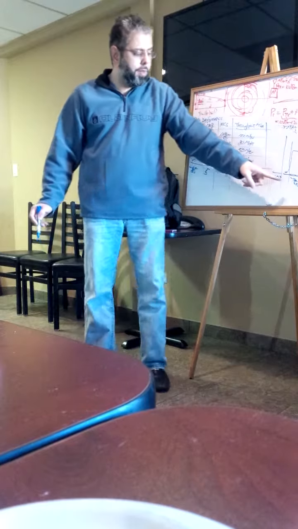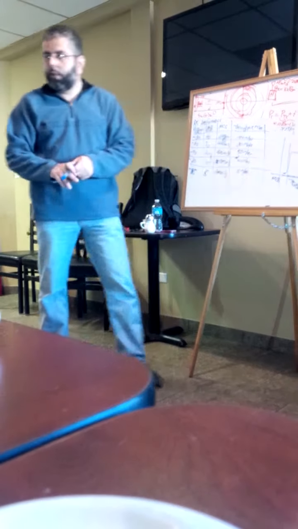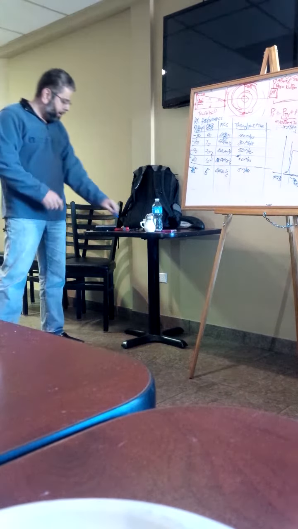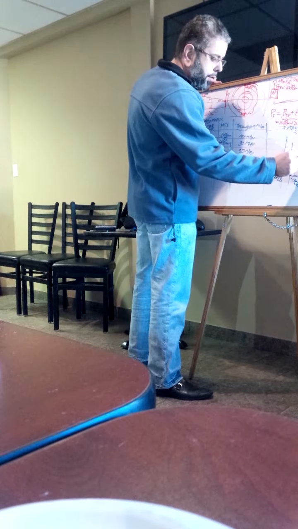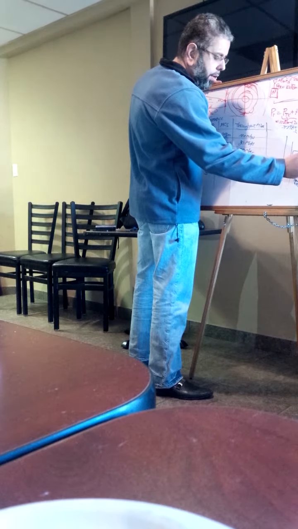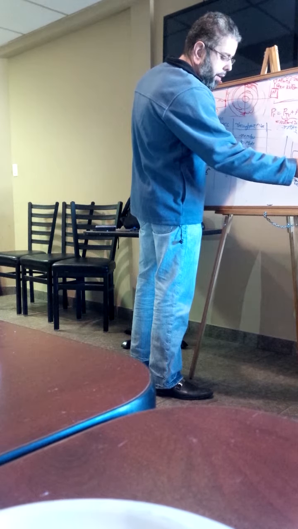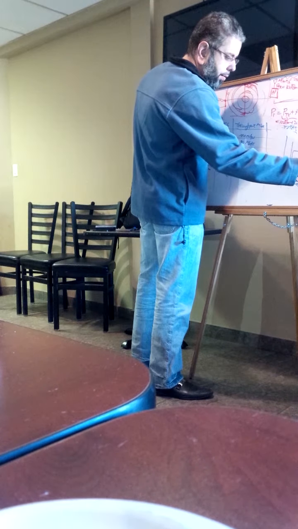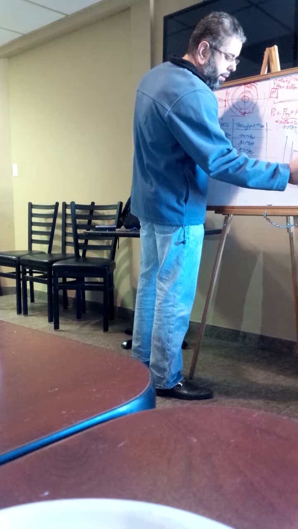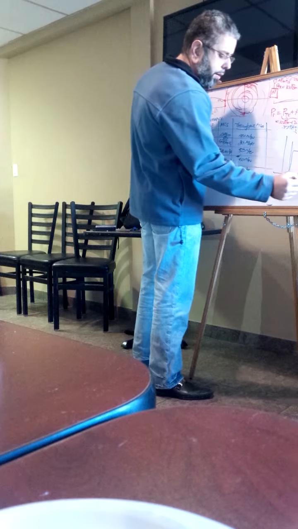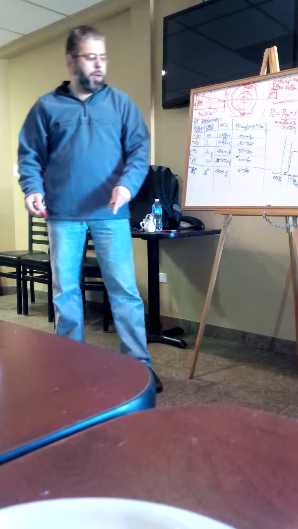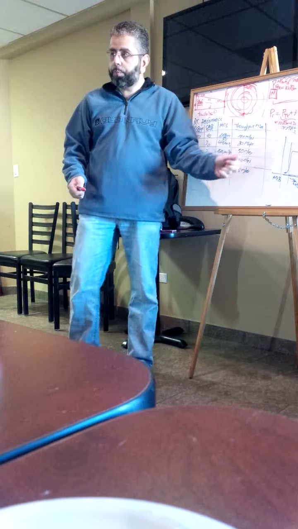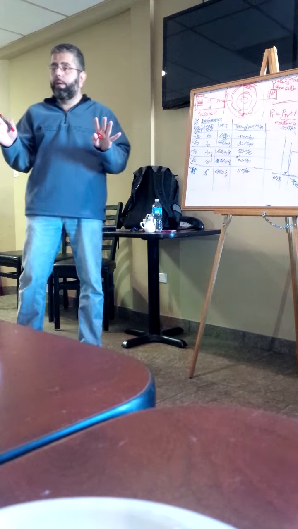So if the noise floor is at minus 95 dBm and my signal is at minus 50 dBm, that means I have, at this time, a signal to noise ratio of minus 50 minus the minus 95: my signal is 45 dB above my noise floor. So that's signal to noise.